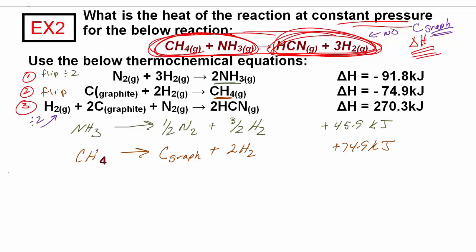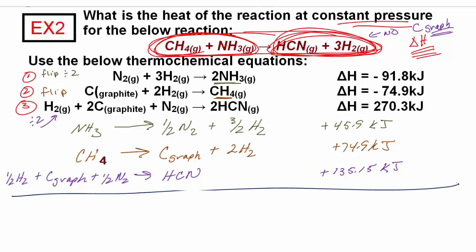So I'll have 1/2 hydrogen and C graphite and 1/2 nitrogen goes to HCN. So I divide 270.3 by 2, I get a positive 135.15 kilojoules.